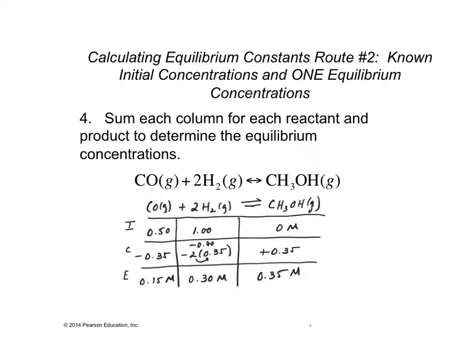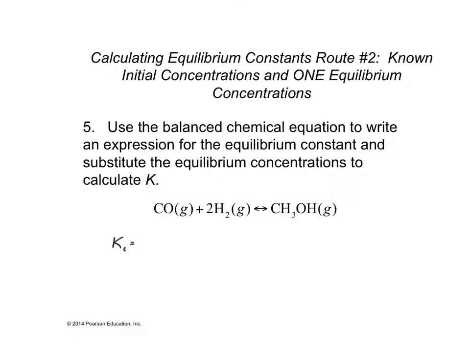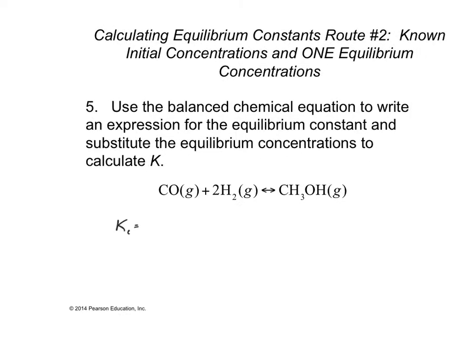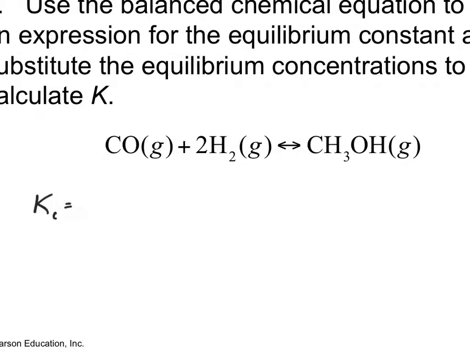The last step in this is going to be using those concentrations that we've just determined, plugging them into the equilibrium constant expression, and then determining the equilibrium constant from that. Okay, so our equilibrium constant expression is Kc.